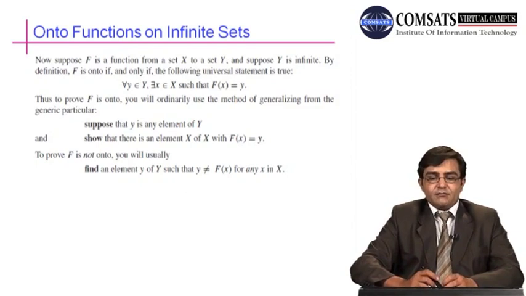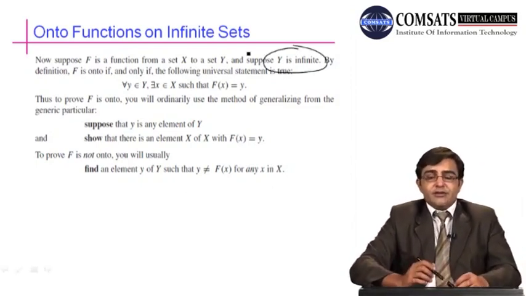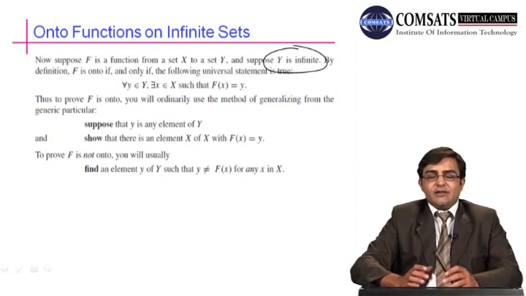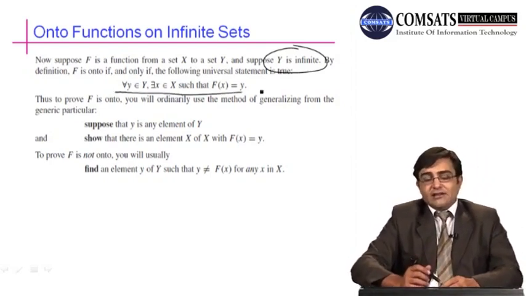Then how do we prove it is an onto function? By definition, f is onto if and only if the following universal statement is true: for all y belonging to Y, there exists some small x belonging to capital X such that f of x is equal to y.